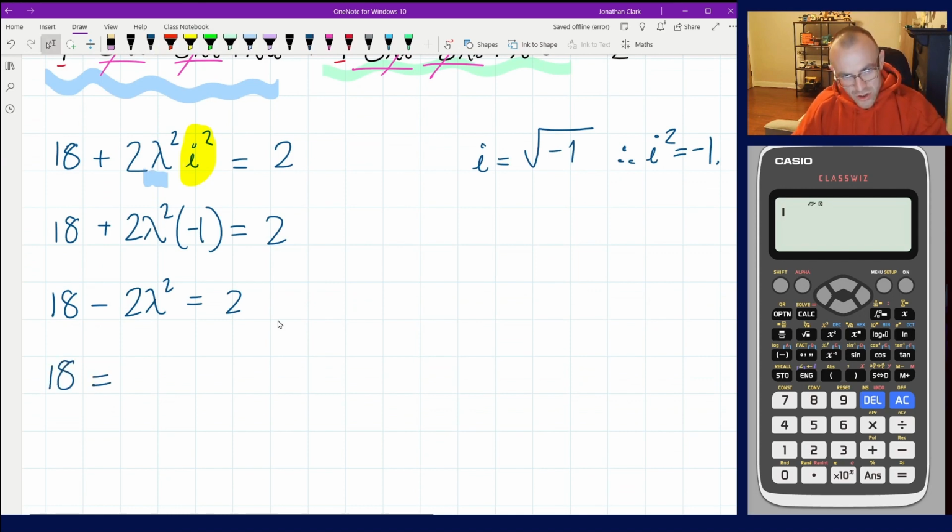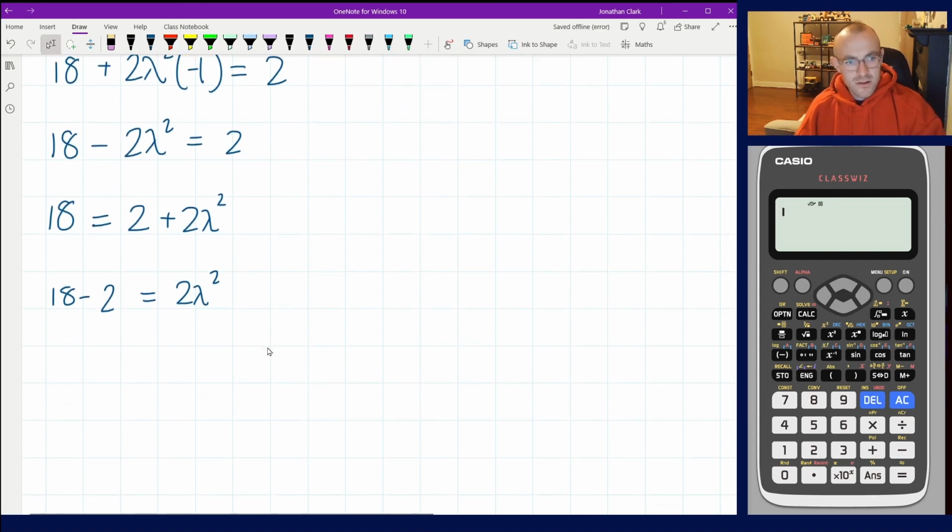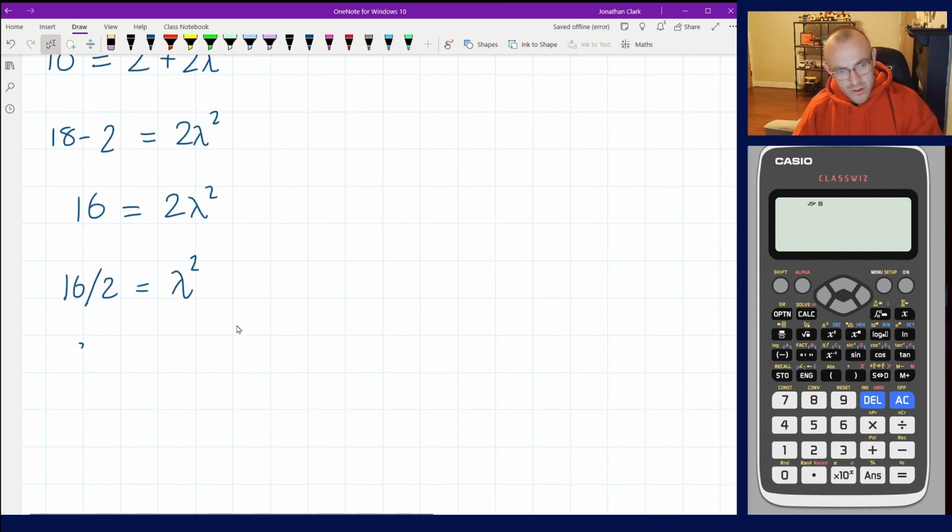And we can go ahead, rearrange it and solve. Let's take the 2 lambda term over to the right hand side. Let's take the 2 over to the left side and subtract. And we are going to get a value of 8 for lambda squared, which means that lambda could be plus or minus root 8.